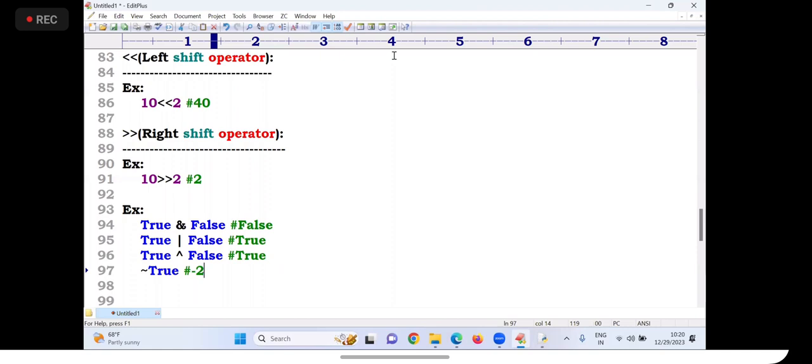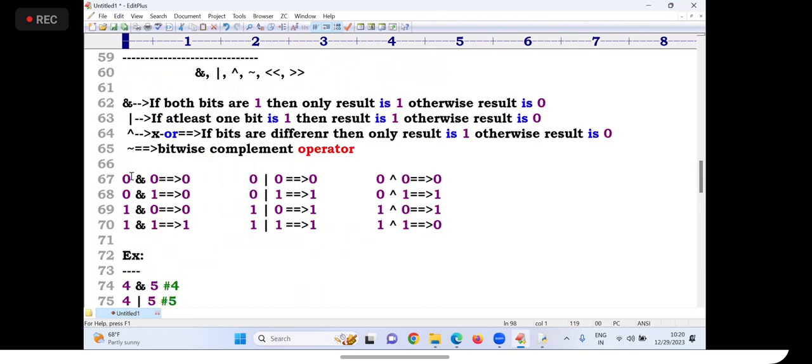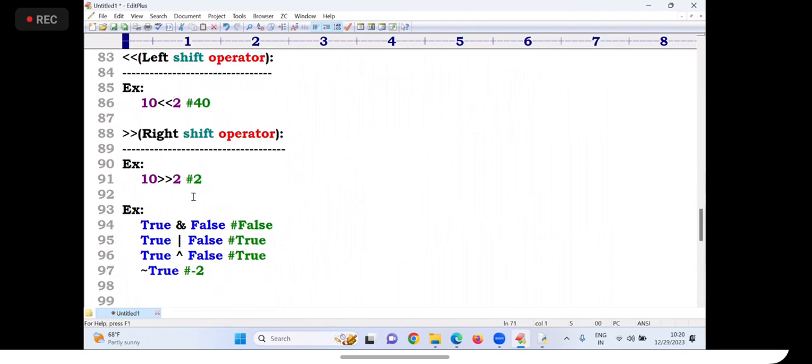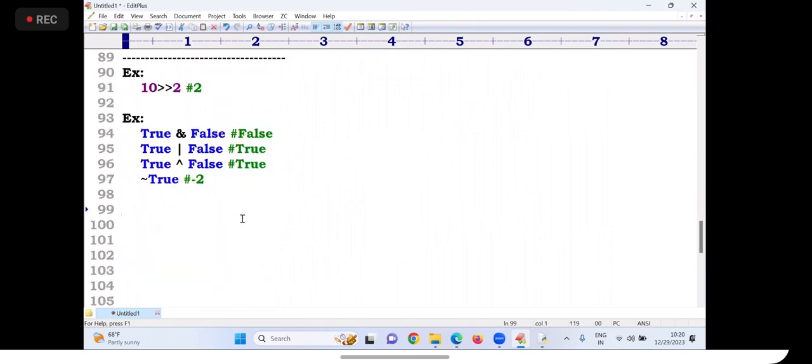That is bitwise operators. Only the bitwise operators are mandatory and important. This type of questions will come. Left shift and right shift, no one will ask. Don't worry about that.